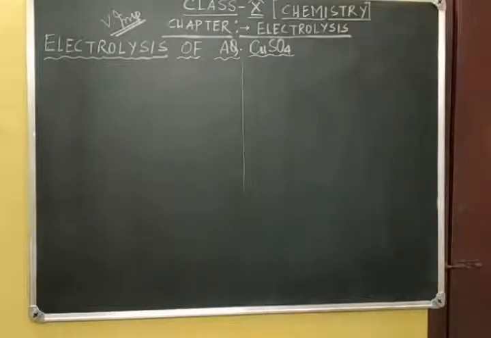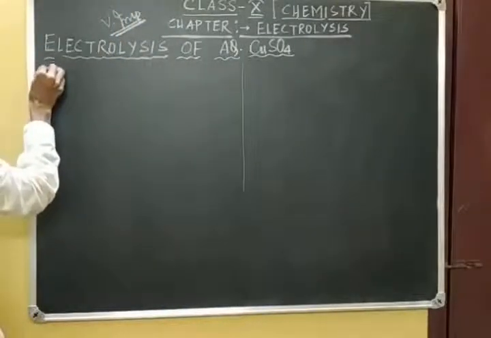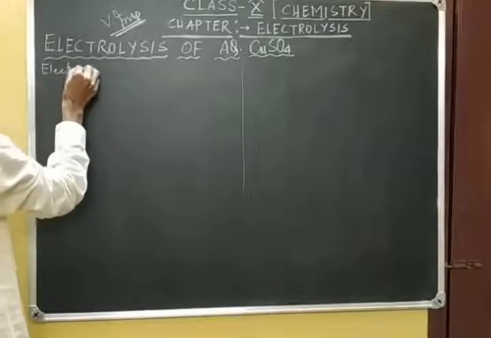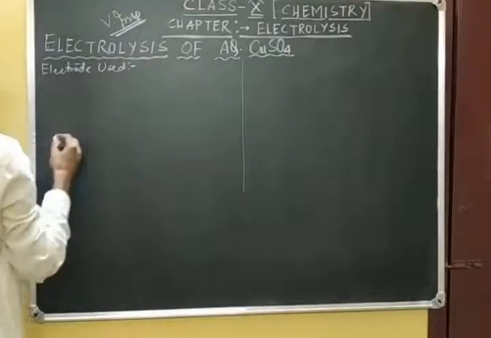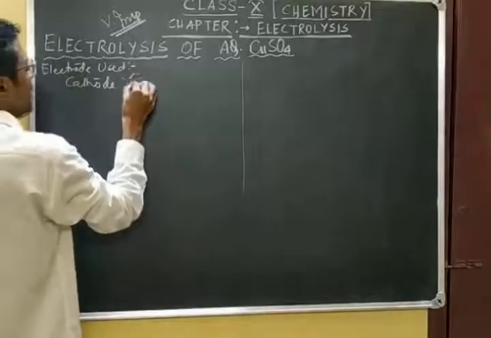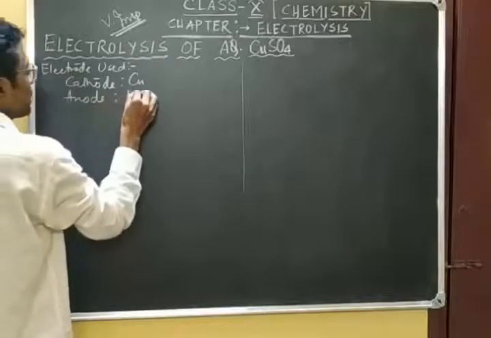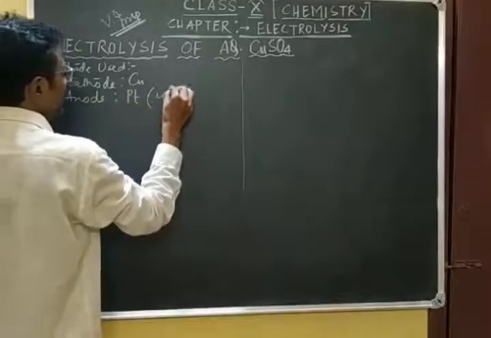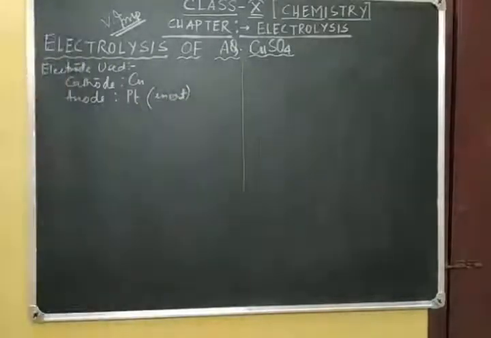So here, the electrodes used: at the cathode, copper. If I take the cathode as copper and the anode as an inert electrode, say I am taking platinum, then the thing will go exactly as you all are thinking.